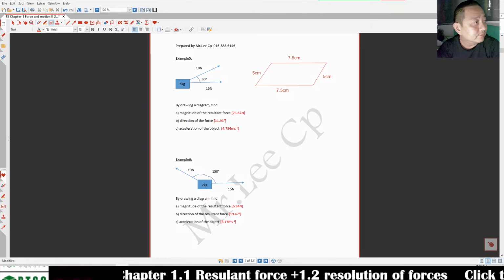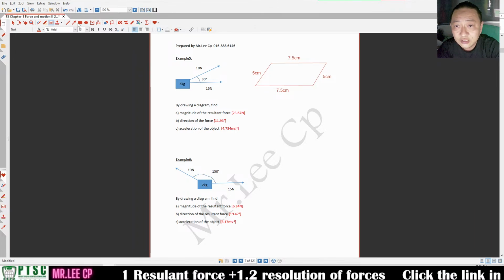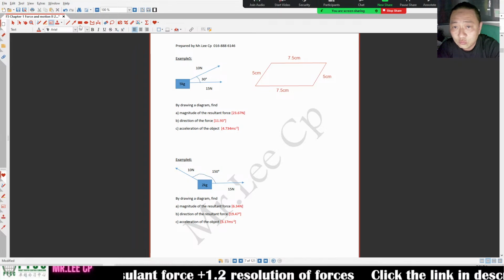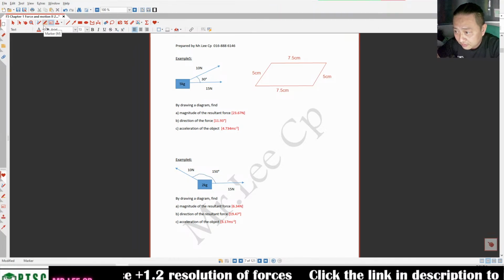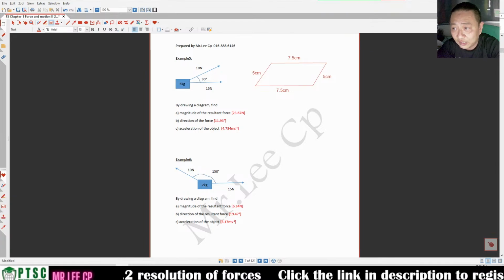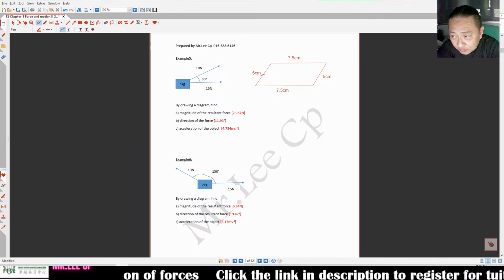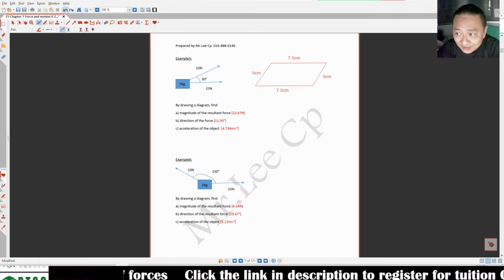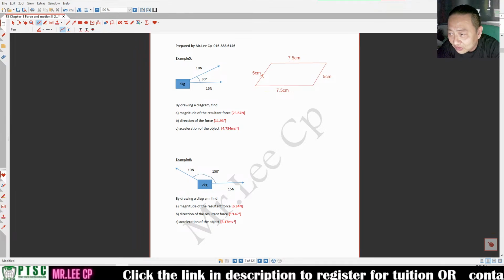So you must know the direction. This one, the direction will be this way, right? The direction in the scale drawing, you have to draw it in the exam. But I will say, not really a chance to come up, right? This direction and this direction.